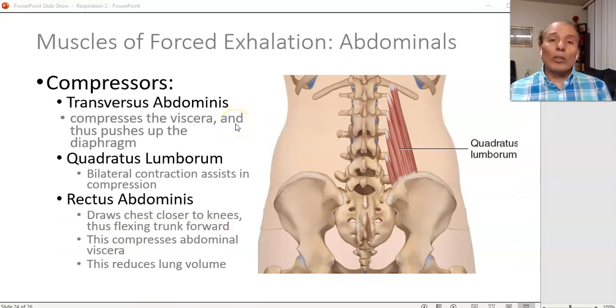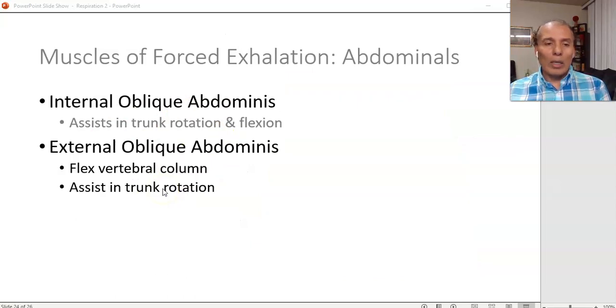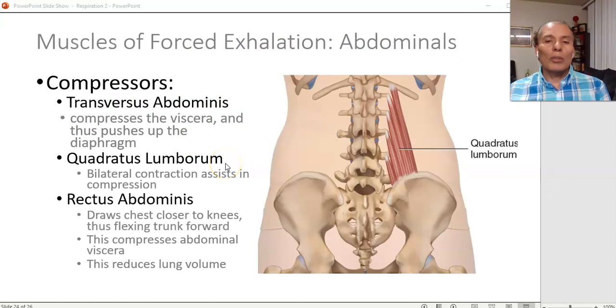Then the abdominal muscles are very powerful compressors. And we have the transversus abdominis, quadratus lumborum, rectus abdominis. So I'm going to show them to you all in the last slide here. And we have internal oblique abdominis and external oblique abdominis.